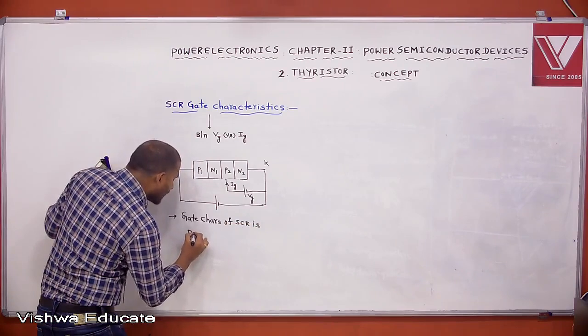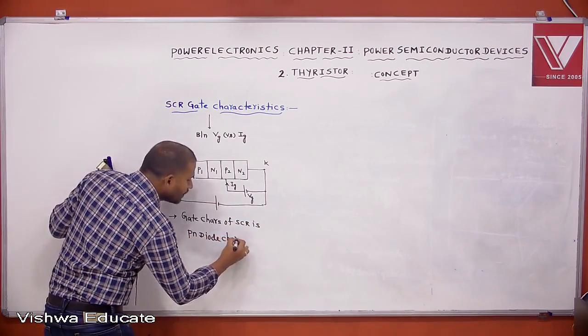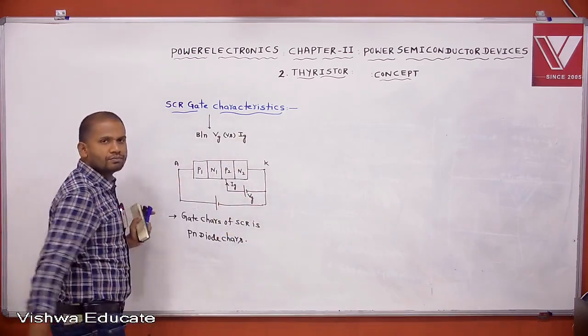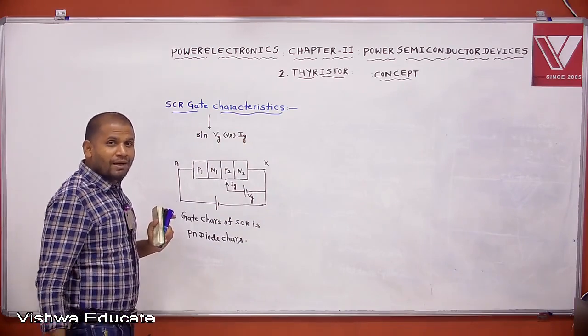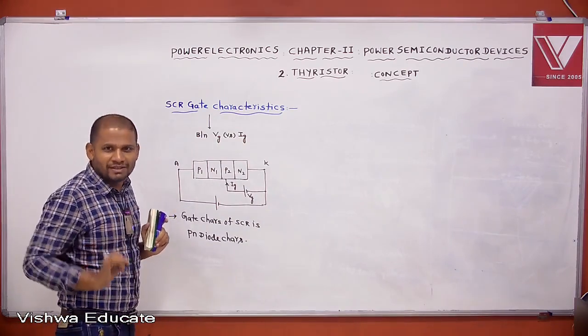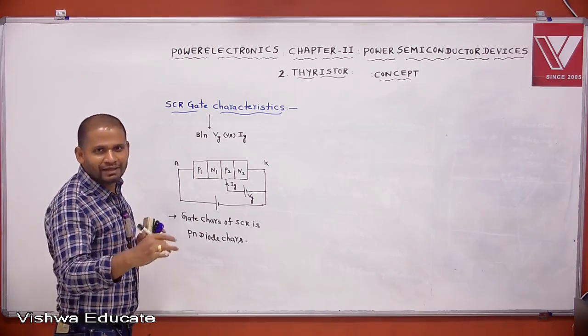But even though they are PN diode characteristics, for our convenience, we take voltage on the y-axis and current on the x-axis.